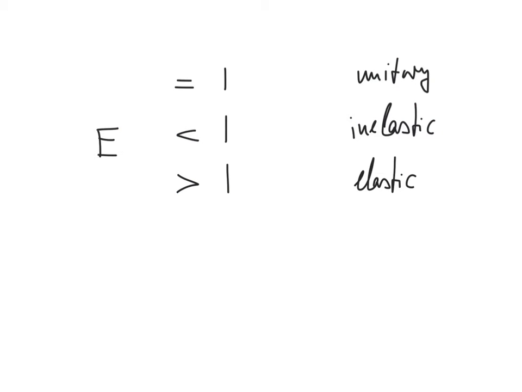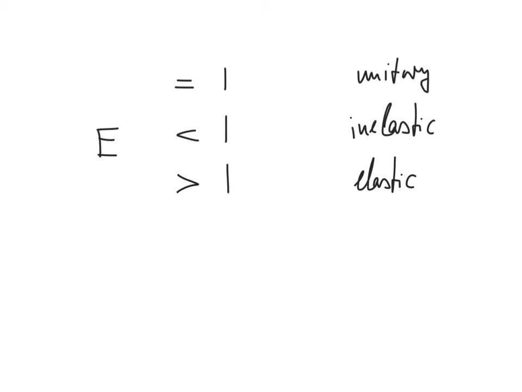So here are the basic notions. If E is less than 1, demand is called inelastic because it does not react greatly to changes in price. If it's greater than 1, it does react greatly to changes in price. So in particular, if you raise the price, then demand will go down by a larger percentage. And if it's equal to 1, then it's called unitary.